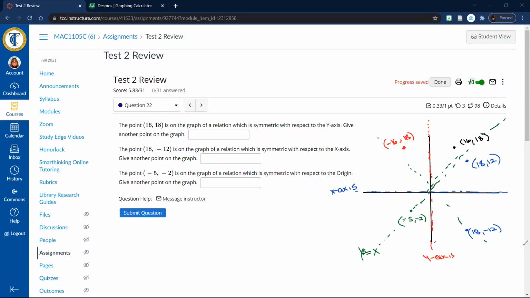Another way you can do this is you flip it over the y and then flip it over the x, or you flip it over the x and then over the y. So we can take this in two steps. Both values change over the origin. Both the x and the y change signs. So the x is 5, and the -2 becomes 2.